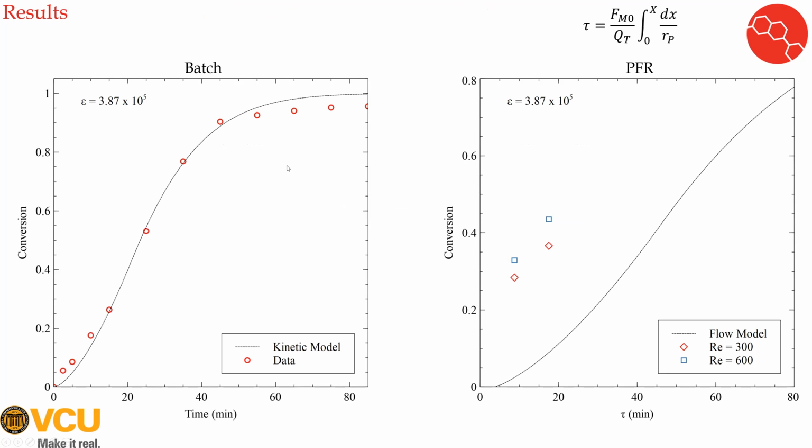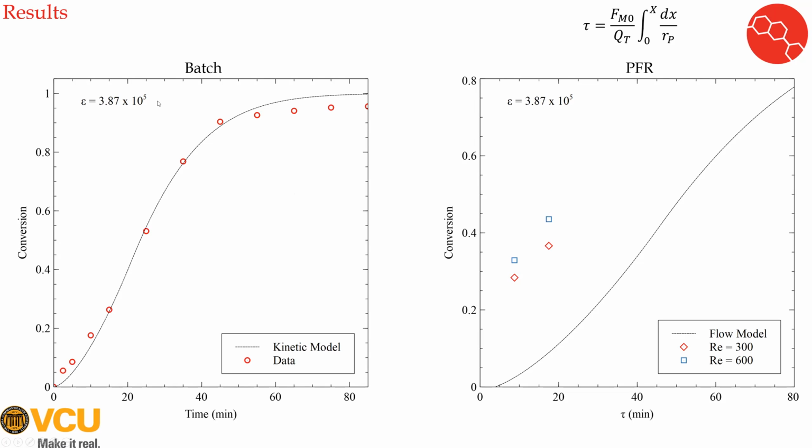The first plot on the left here is the batch data, which I used to find the correct value of epsilon. As you can see here, the kinetic model and the observed conversion line up pretty well.